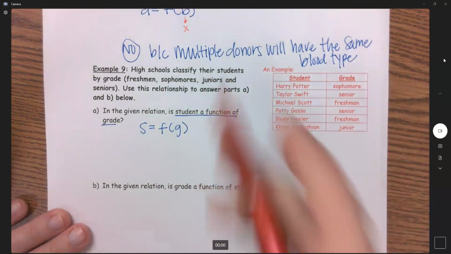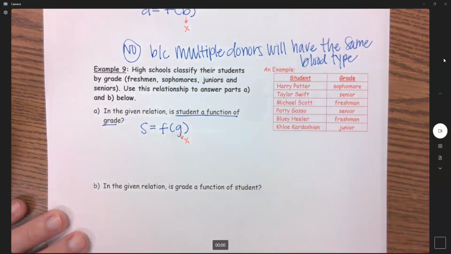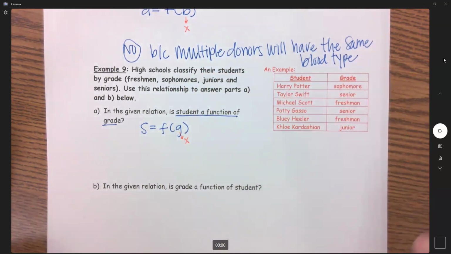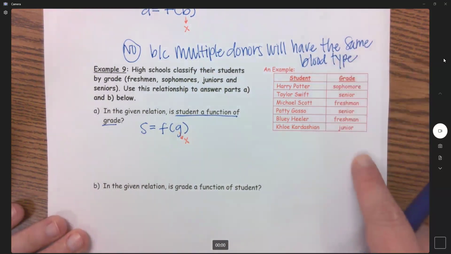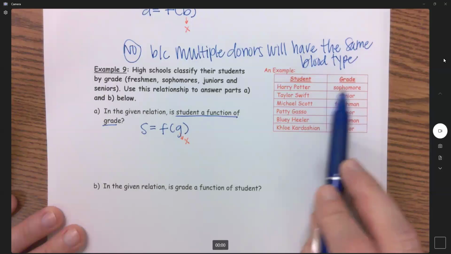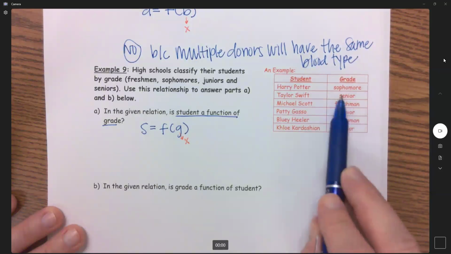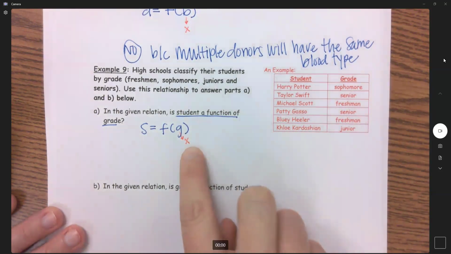Okay, so here, my grade is being represented by my X. So would this be a function? Okay, hopefully you can see over here in my grade, no, I have repeating. I actually have 2 freshmen and I have 2 seniors as well. So my grades are already starting to repeat, but yeah, I've got 4 options for grades. So yeah, that grade's going to repeat.